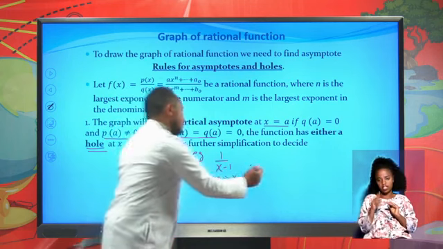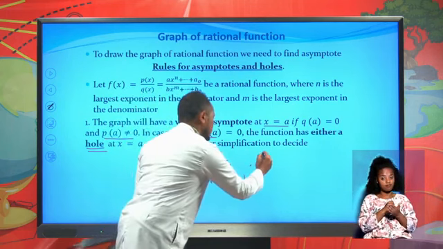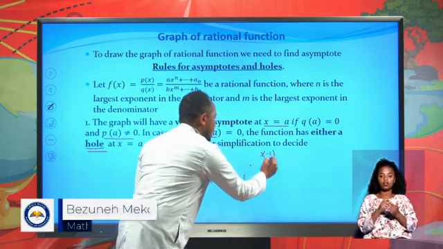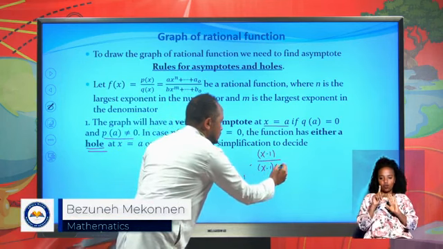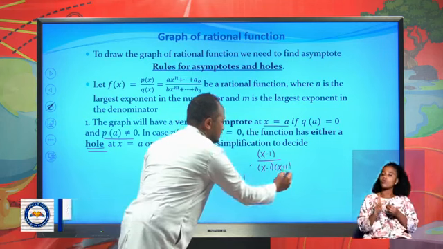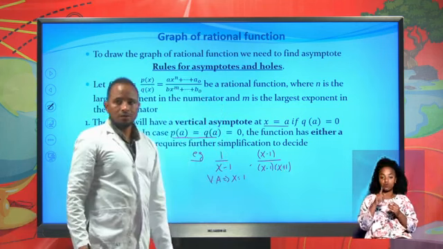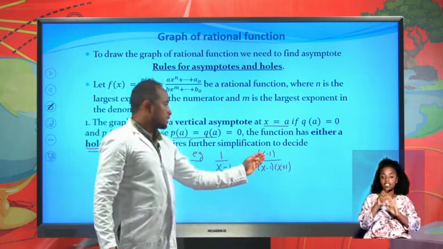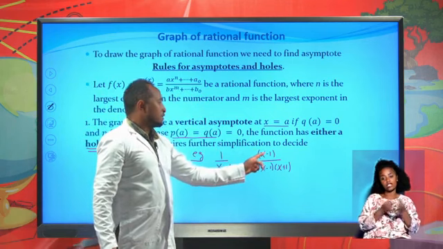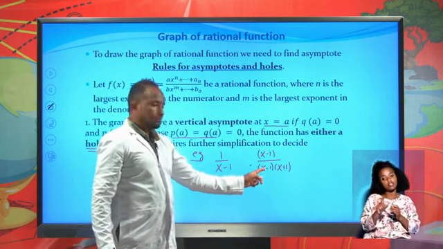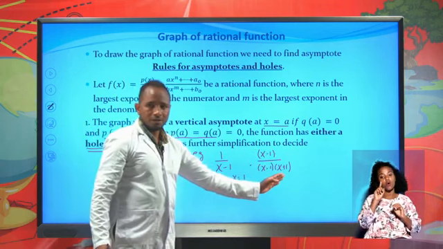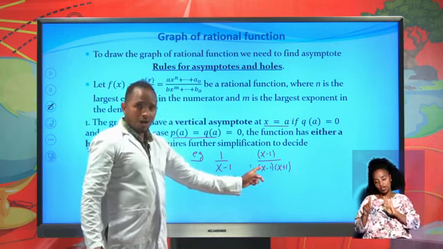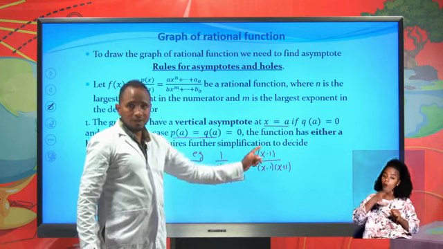If you take this one, x minus 1 over x minus 1 times x plus 1, the values of x that make the denominator 0 are 1 and negative 1. But 1 makes both numerator and denominator 0.